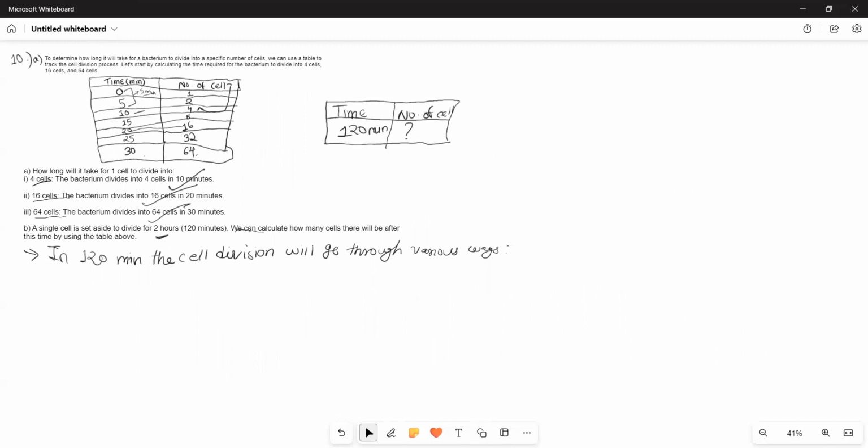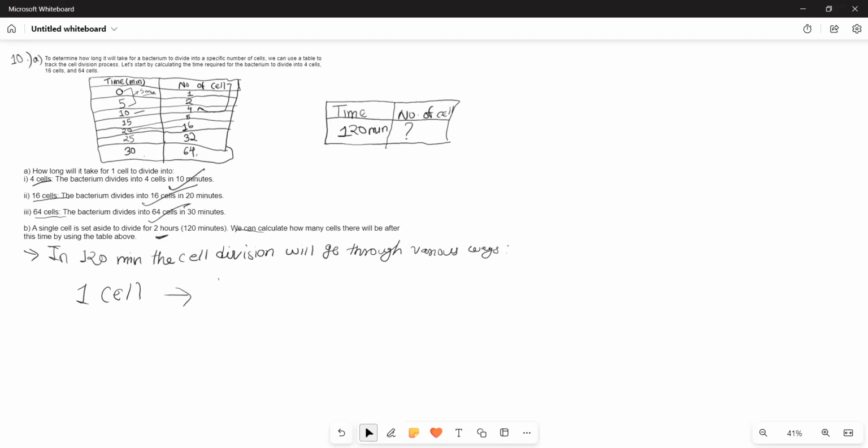So according to the table above, for the formation of one cell, it takes how many minutes?